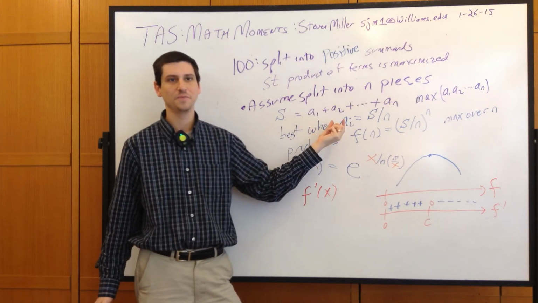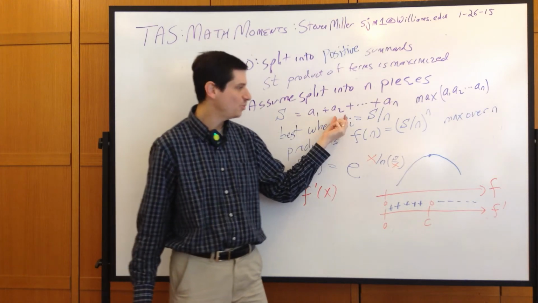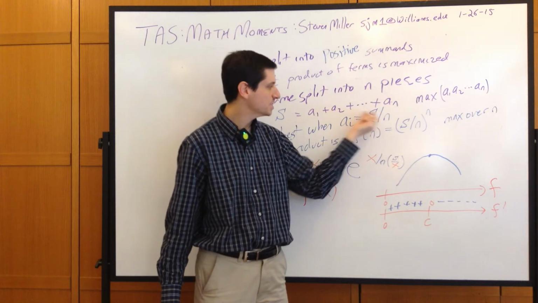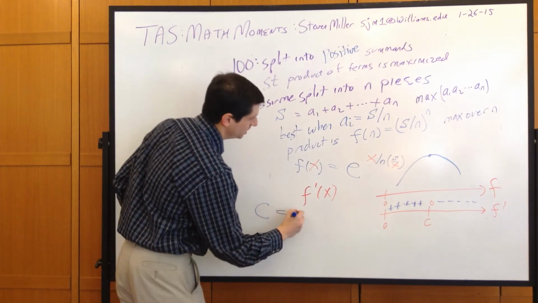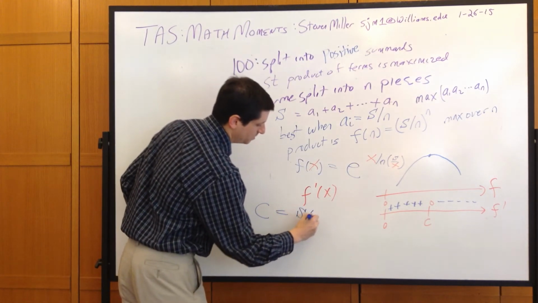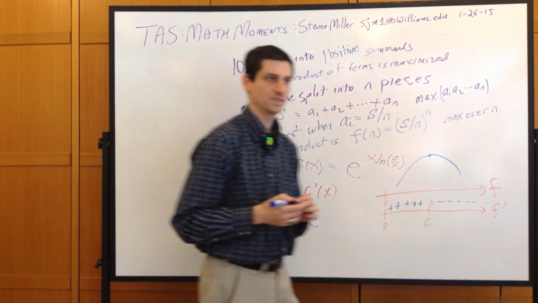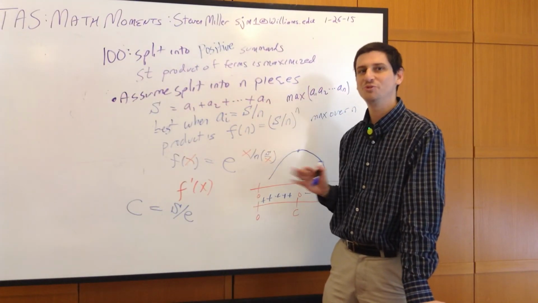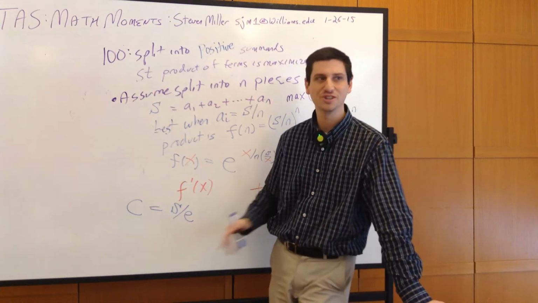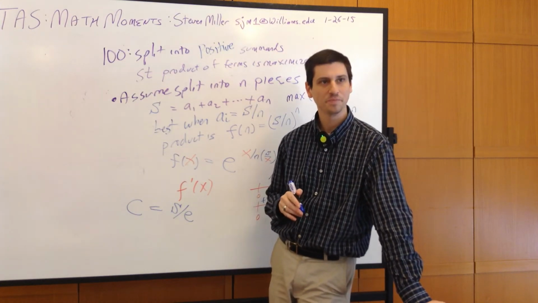We want each piece to be about e. So c is actually going to be s divided by e. And so without even doing the calculus, based on what we were doing before, we have some really good intuition as to what the answer should be.